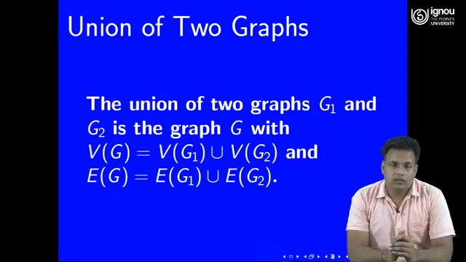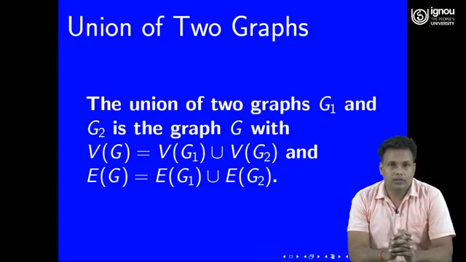Now there is another concept related to graphs, and it is the union of two graphs. So given two graphs G1 and G2, the union of G1 and G2 is the graph G1 union G2, which has vertex set V(G) equal to V(G1) union V(G2) and edge set E(G) equal to E(G1) union E(G2).